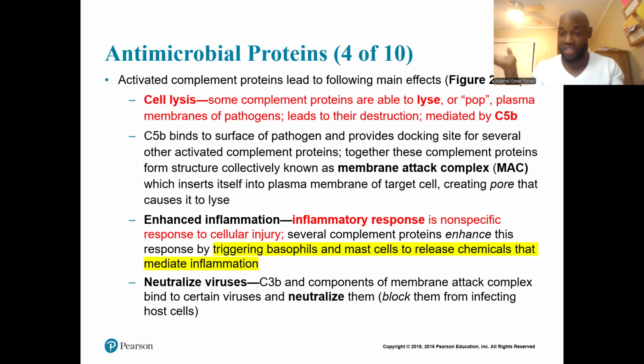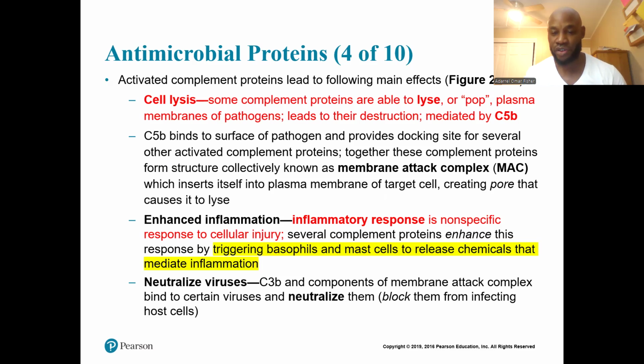If a cell explodes, it's destroyed, right? The complement binds to the surface of the pathogens and provides a docking site for several other activated complement proteins. Together, these complement proteins form a structure collectively known as the membrane attack complex, MAC, creating pores that cause the cell to lyse.